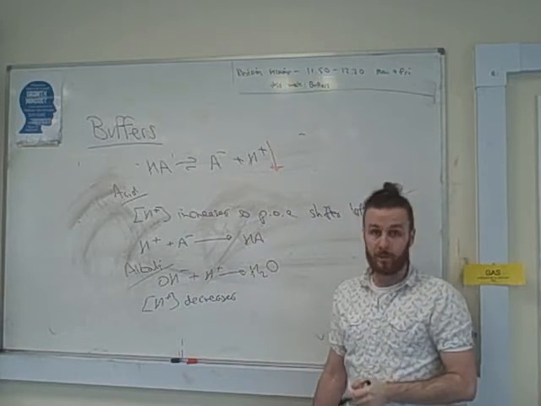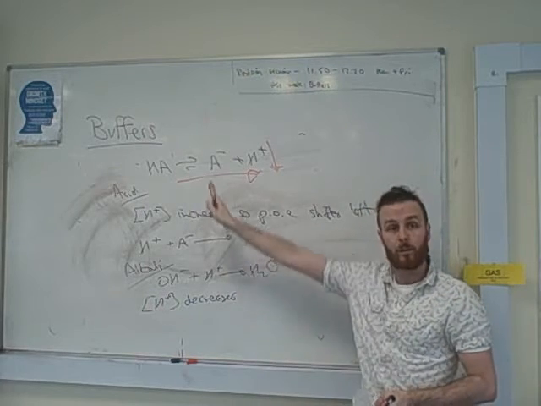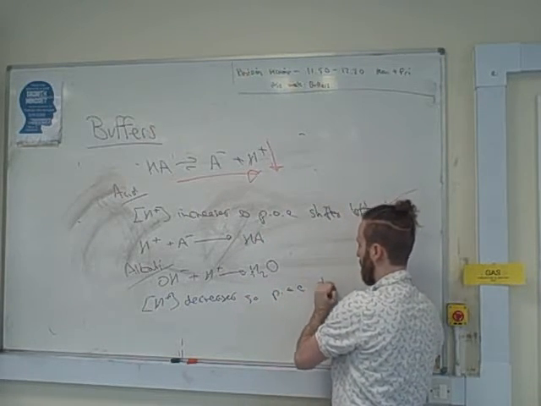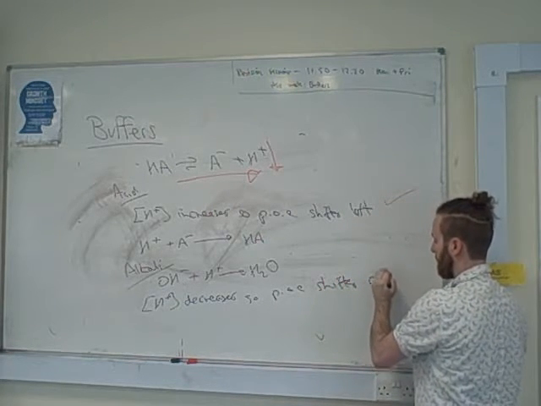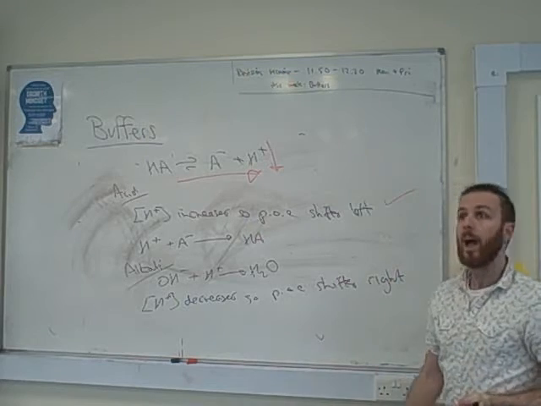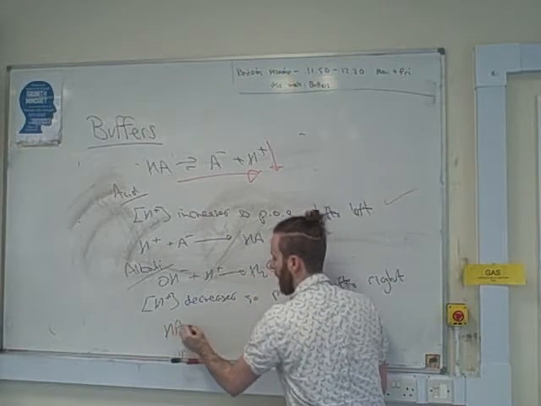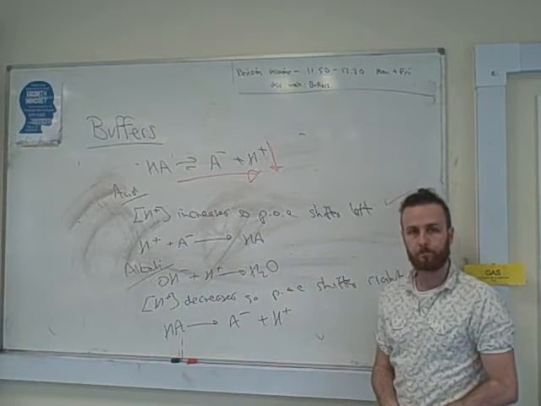What's that going to do to the position of equilibrium? Well, that's going to shift the position of equilibrium to the right. Remember, don't abbreviate in the exam, shifts to the right. And let's give an equation to show that. So that's going to be HA goes to A- plus H+.